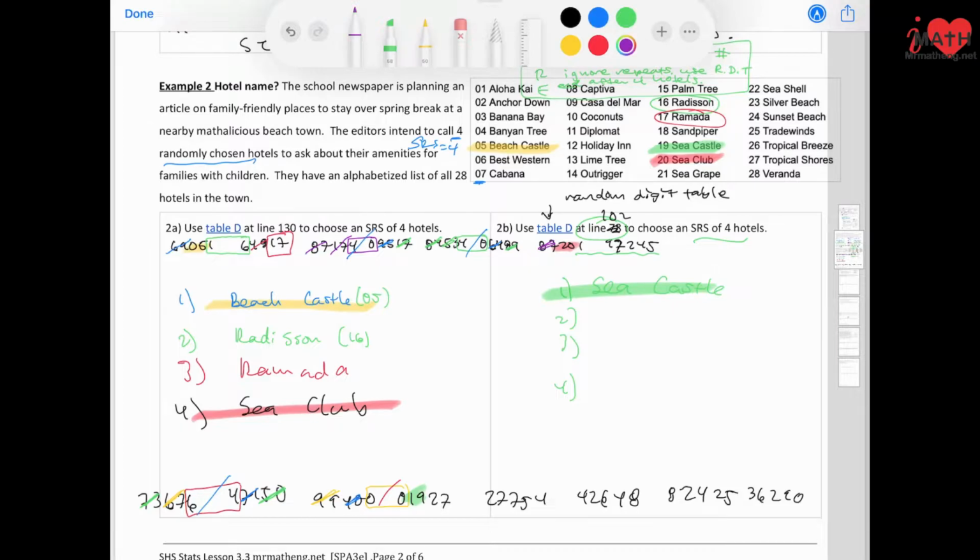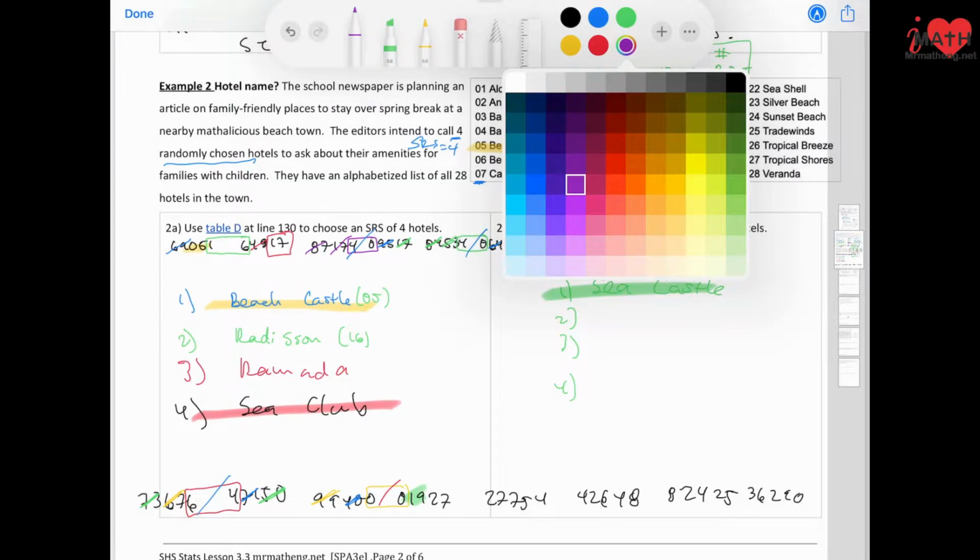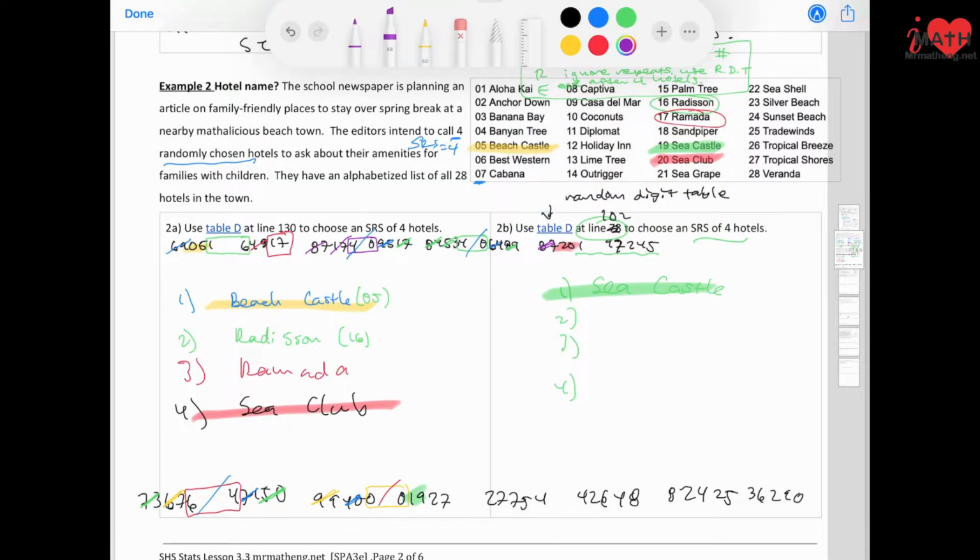And let's go through 27. That is a number on there. So let's use 27. That's there. Let's write out the name. 27, the Tropical Shores. Okay, 27's repeat. 75, too big. 44, too big.